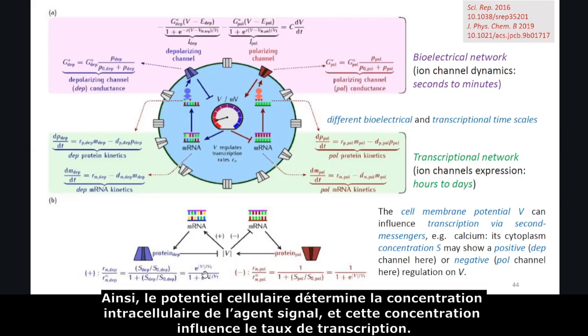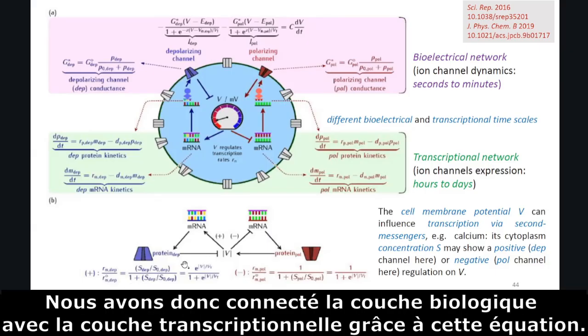So this is clearly the coupling. Cell potential gives the signaling ion or neuromodulator concentration, and this inside concentration influences the rate of transcription. So we have connected the bioelectrical layer with the transcriptional layer thanks to this equation.